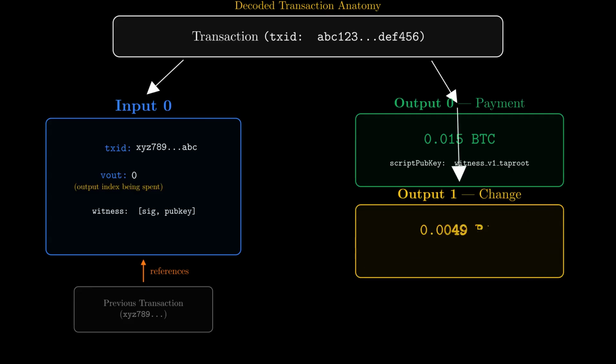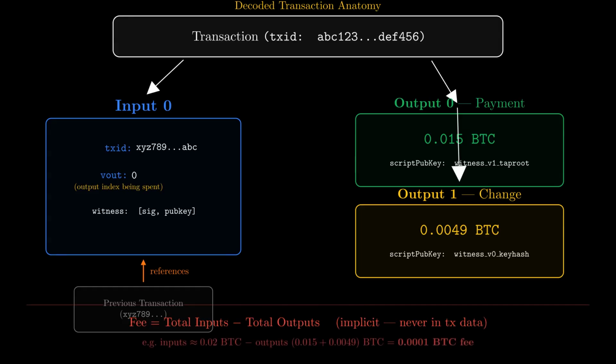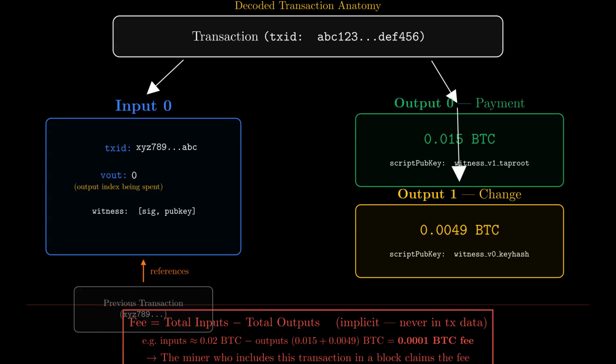Output 1 sends 0.049 BTC back to the sender as change with type witness v0 key hash. Notice, the total inputs exceed the total outputs. That difference, never stated explicitly in the transaction data, is the mining fee. The miner who includes this transaction in a block claims it.